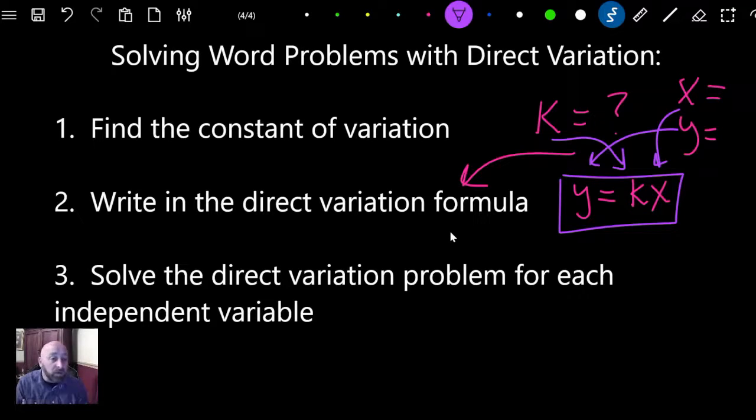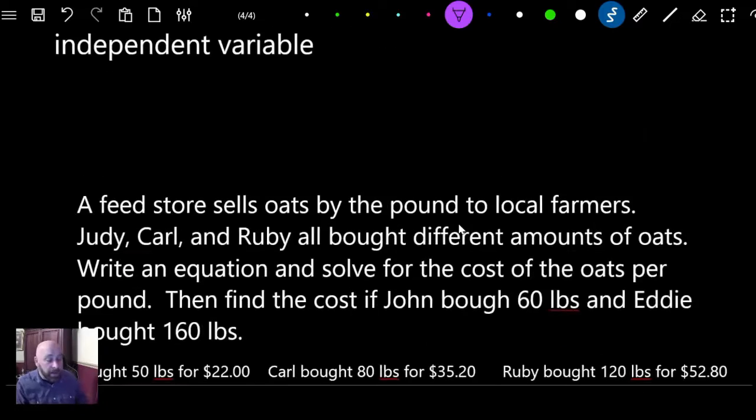There'll be more to the problem than that, like how much they bought. So we're going to solve for the missing person, or the missing independent variable. Let's look at one of these and practice.